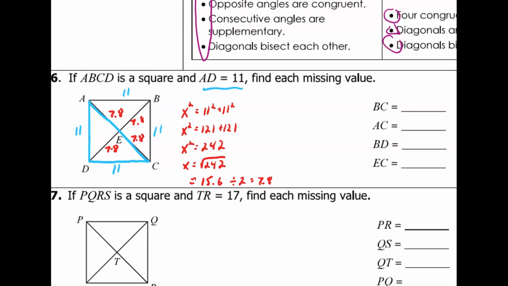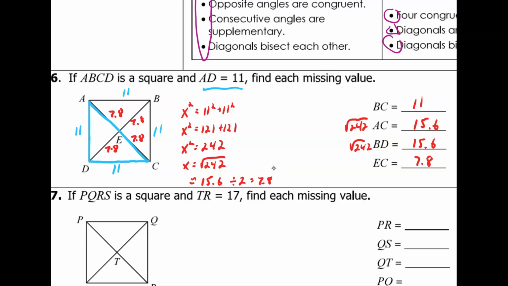BC is 11. AC is 15.6, the whole diagonal, and if you want to write square root of 242, that's fine too. BD is the other whole diagonal, so that's another 15.6, also the square root of 242. And then EC is half of the diagonal, so there's your 7.8.